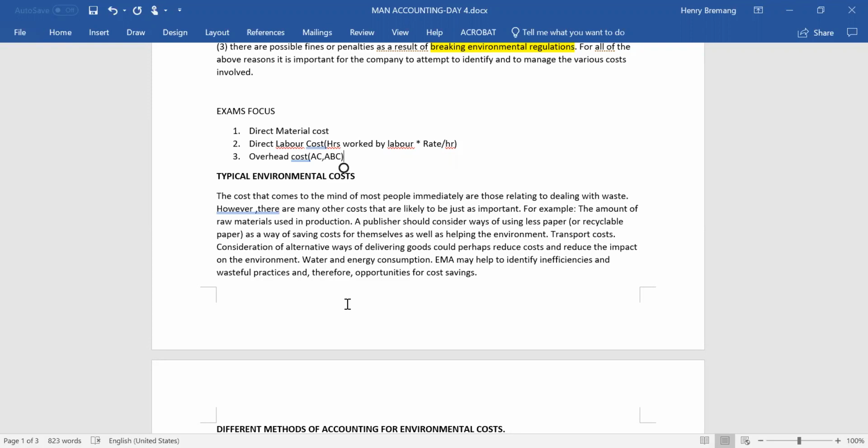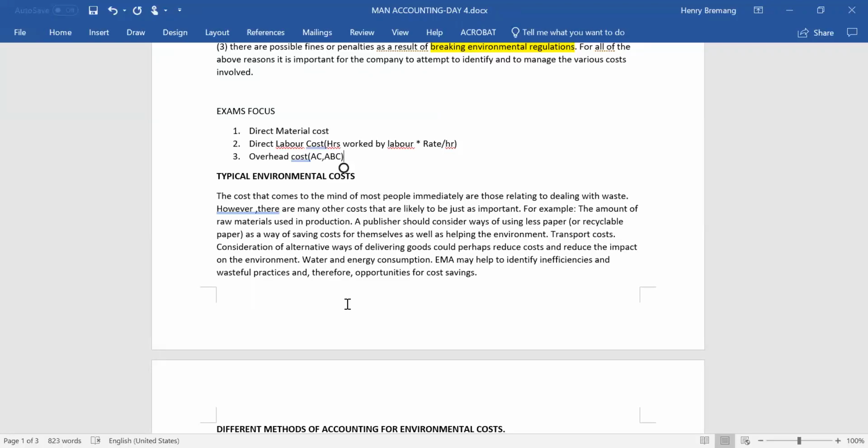Because if you tend to look at costs, you are trying to control costs. And with cost control, you are going to find all means to eliminate waste, eliminate duplications of activities. You are going to bring in issues of total quality management. So the costs that come to the mind of most people immediately are those relating to dealing with waste.